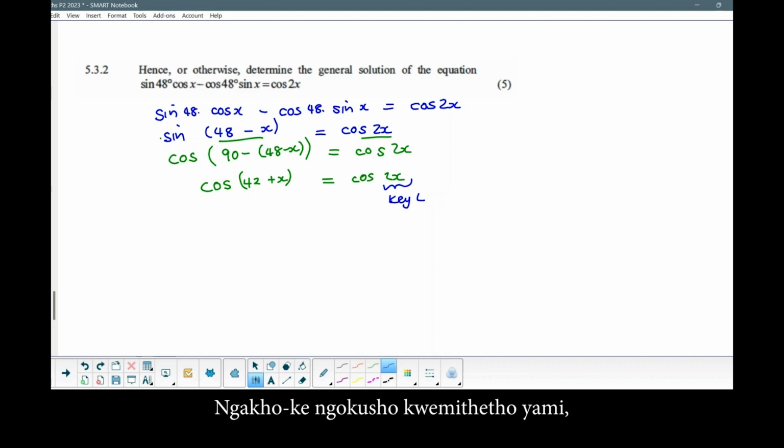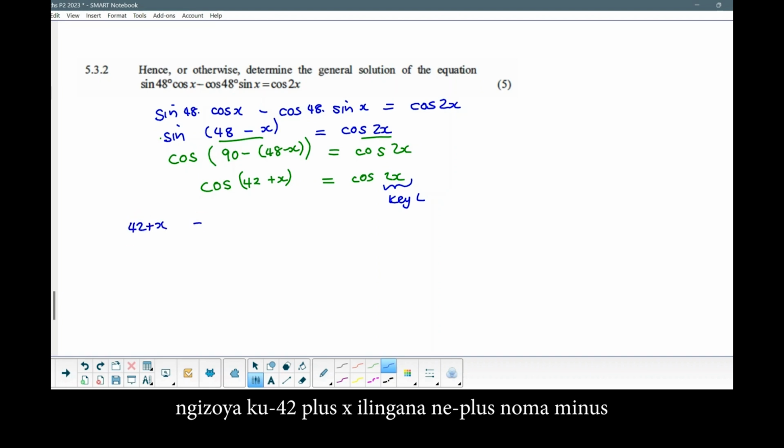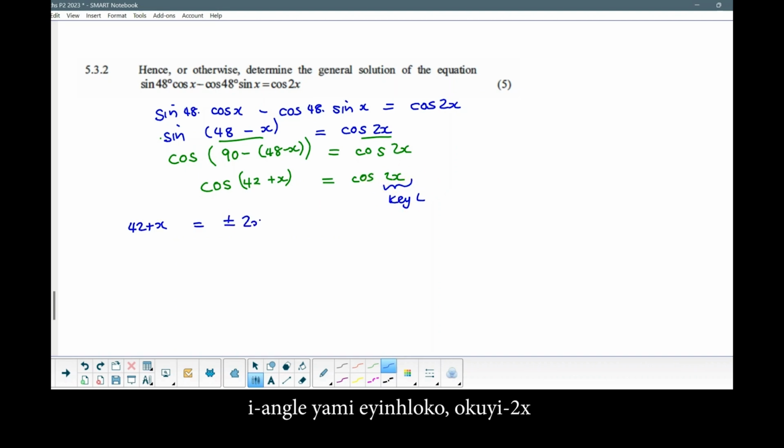Right, so according to my rules, I'm going to go 42 plus x is equal to plus or minus my key angle, which in this case is 2x, plus k360. And remember, k is an element of integer. Right, now I need to solve this.